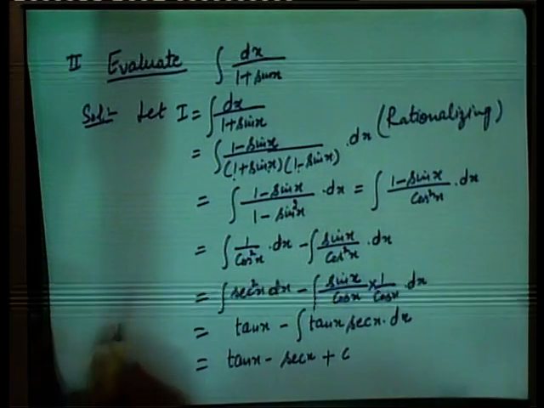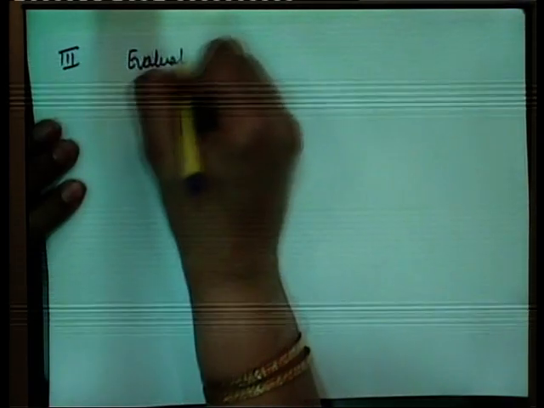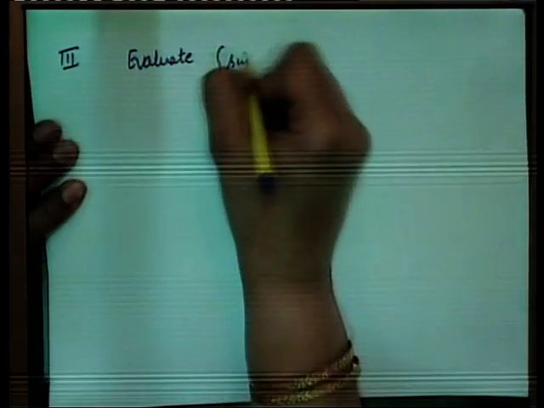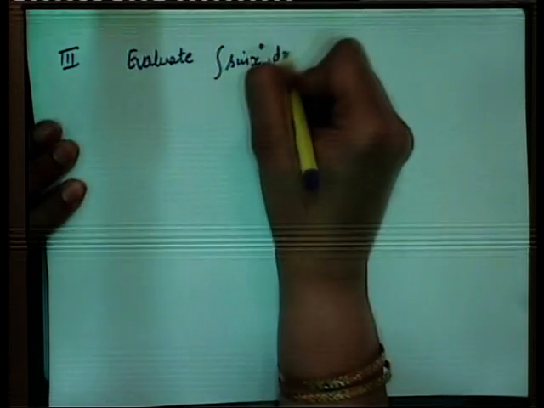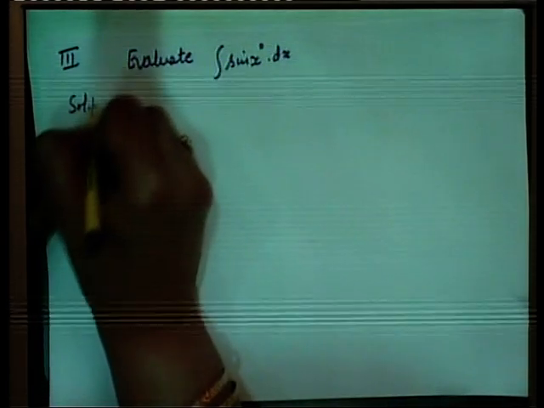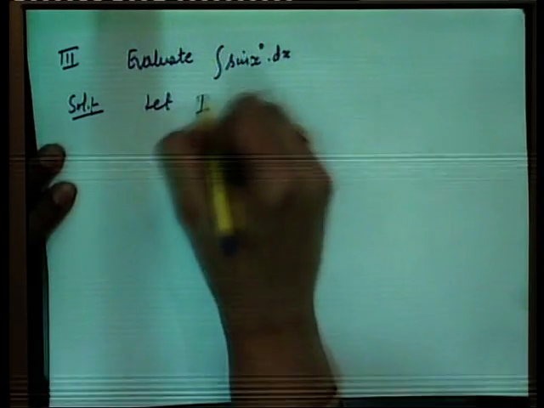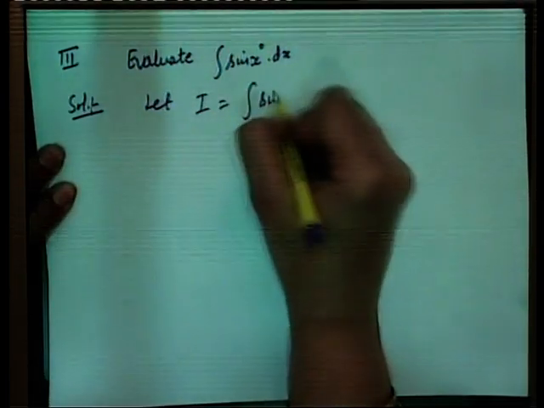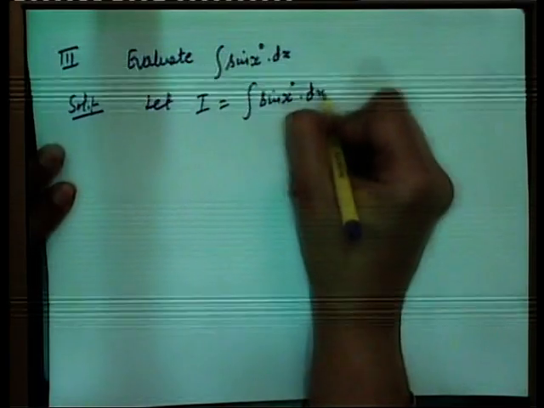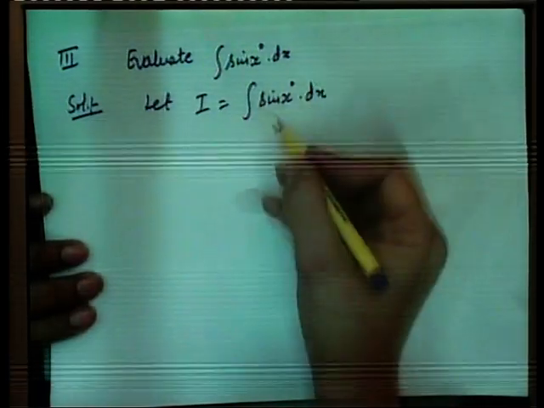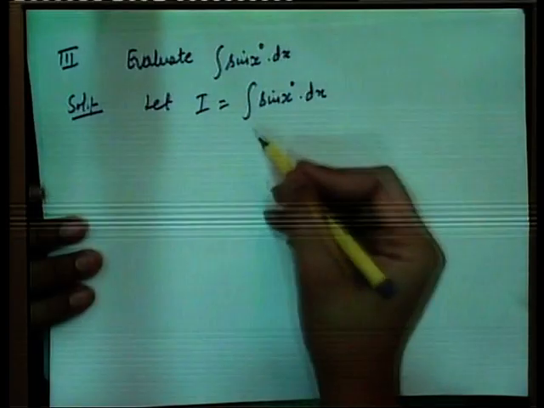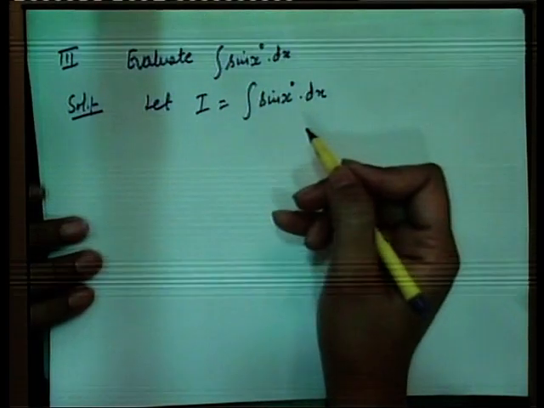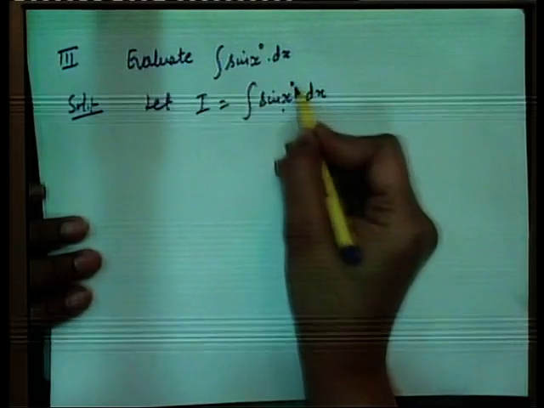Now, third question, evaluate the integral of sine x degree dx. Solution: let us take this integral as I equal to integral of sine x degree dx. Now, in the note we have seen that angles are always measured in radians, but here we have the angle in degrees.